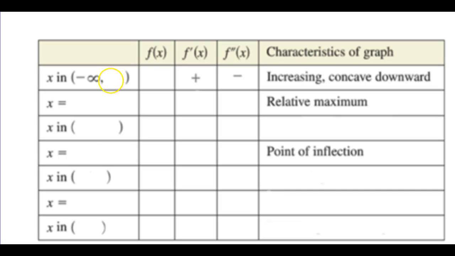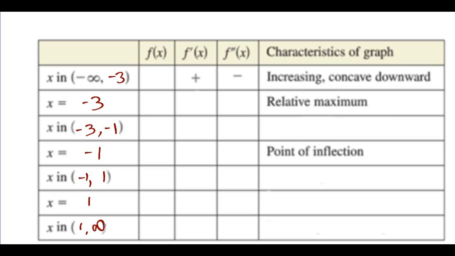To fill in this chart, kind of doing what I was doing before, we're going to go from -3 to 3. So then you look to see what's happening at 3. From -3 to -1, and you look to see what's happening at -1. From -1 to 1, another critical value. Look to see what's happening at 1, and then 1 to infinity.